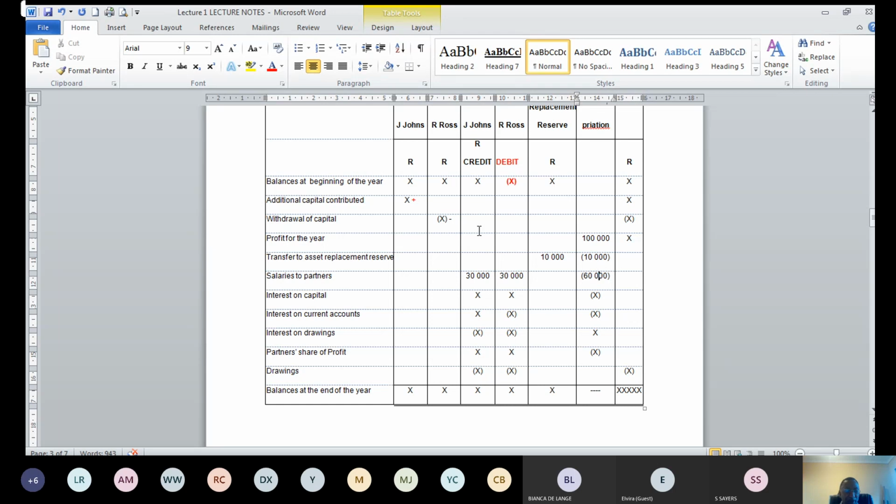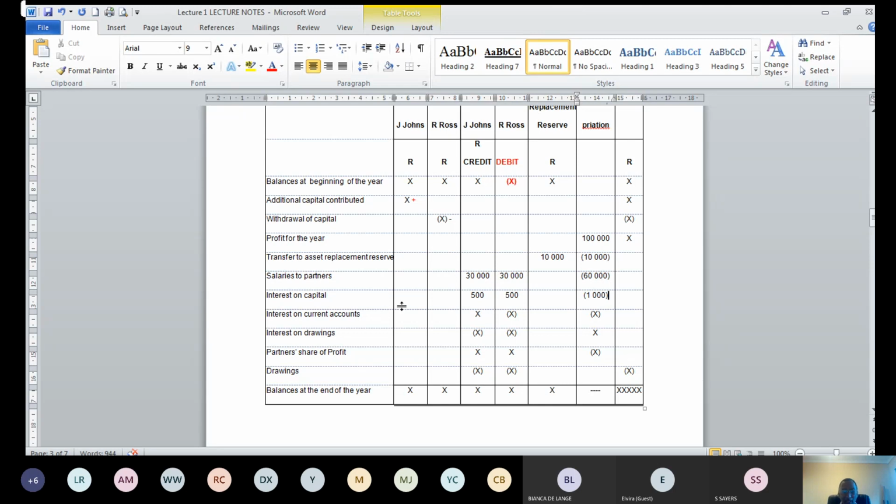If the partnership agreement further stipulates that partners must get interest on capital, so now this one must get 500 Rand, and this one must also get 500 Rand for interest on capital, then the available profit will further decrease by 1,000 Rand.